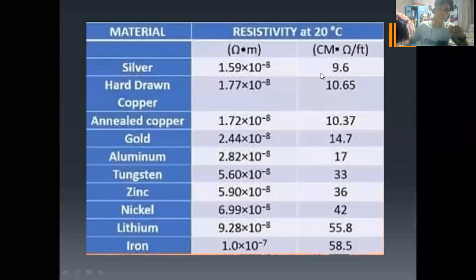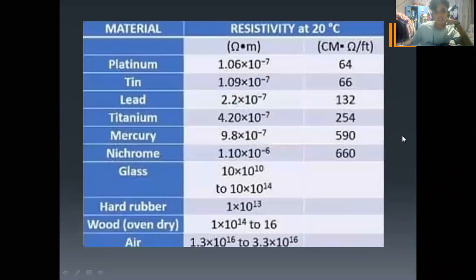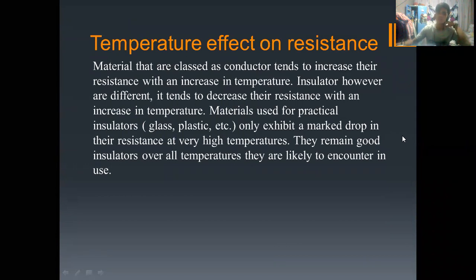Next natin. Ayan nga, yan natin kinuha yung kanina, yung resistivity ng mga material natin. Example, temperature effect on resistance. Materials that are classed as conductors tend to increase their resistance with an increase in temperature. Insulators, however, are different.